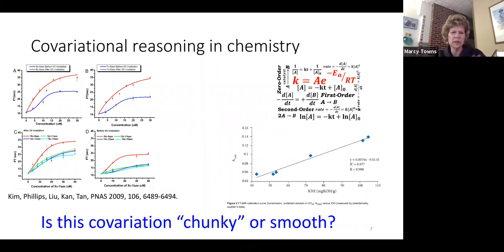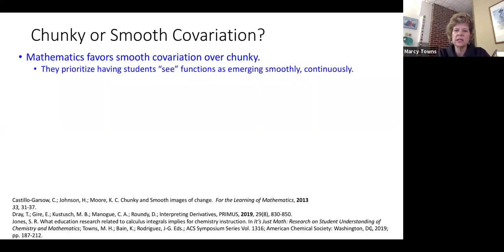If you think of a general chemistry lab, students are taking 5 or 6 data points in some cases. And if they're building a standard curve, they've got 4 or 5 and that's it. So to us, this covariation is really chunky, but here's one of the things I want you to know.